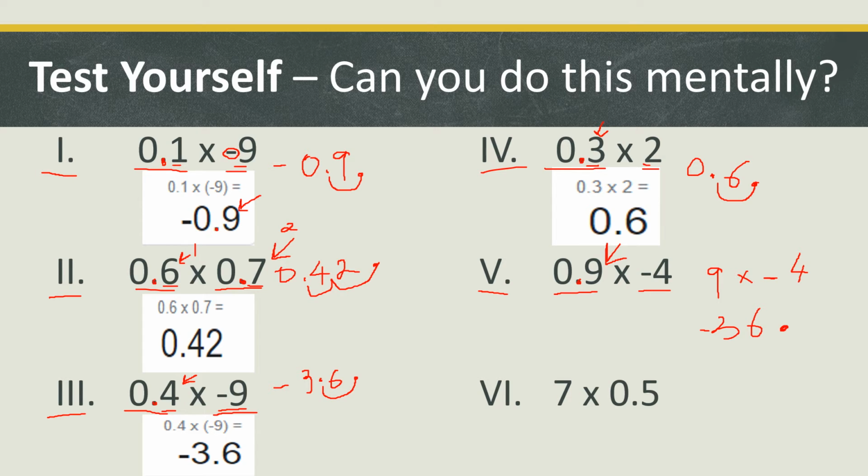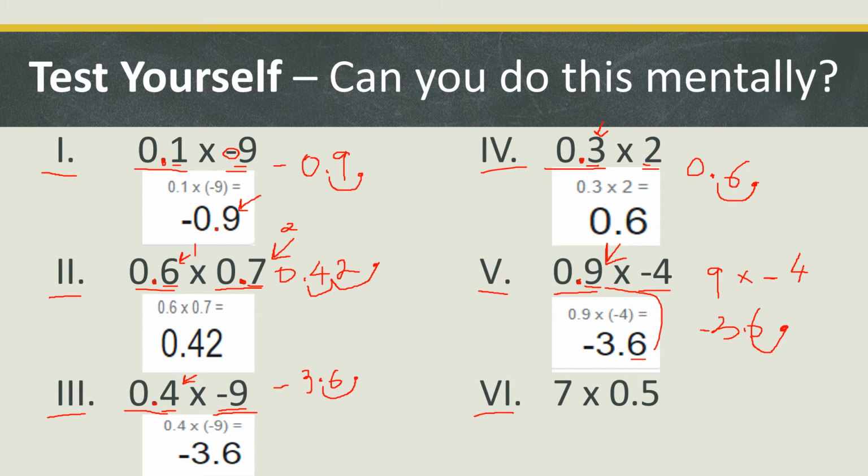So here's our point, and we have to move it to the left one time, and we'll get negative 3.6. So as you can see, there is one digit after the decimal point in the answer as well as in the question. So we have to make sure that the number of digits after the decimal point must be equal in the question and the answer.